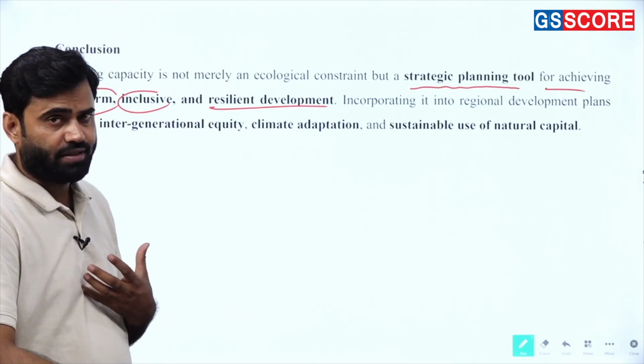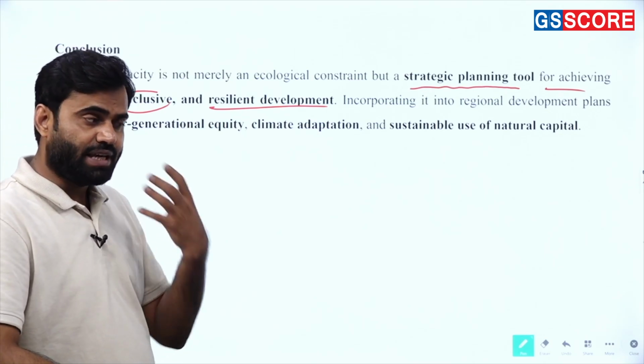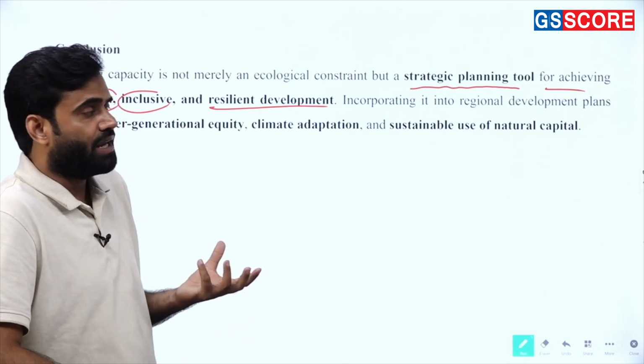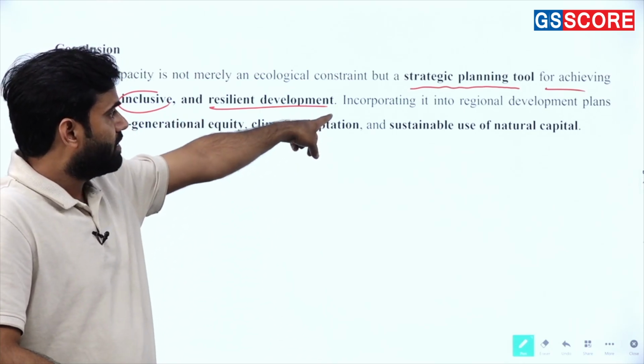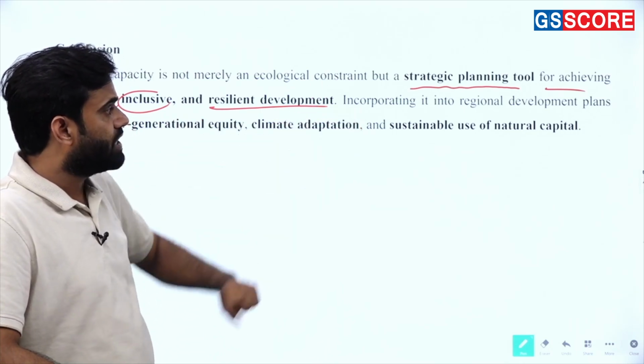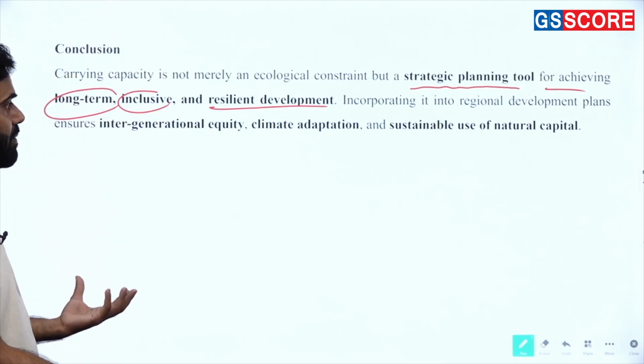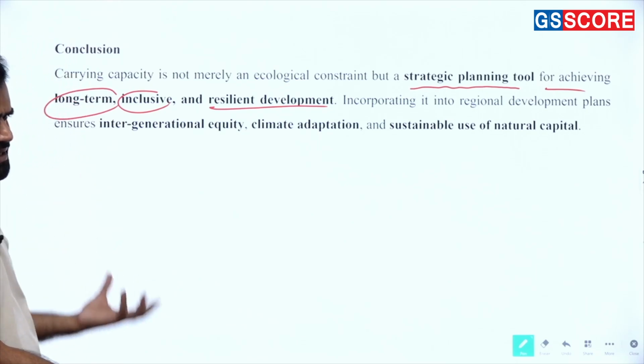I'm saying that carrying capacity, ठीक है, it's kind of a strategic planning tool. And next one, incorporating it into regional development plans ensures intergenerational equity, climate adaptation, sustainable use of natural capital.